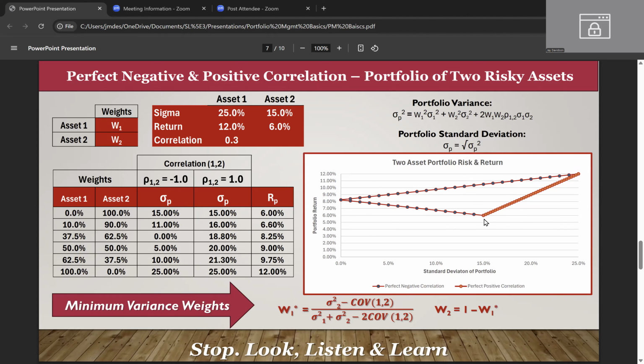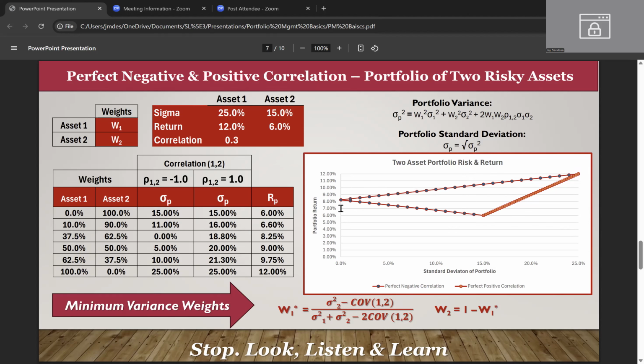So again, let's say we start off with 100% of the portfolio invested in asset two, and then we start to add more and more of asset one. As we add more and more of asset one, because the returns are negatively correlated, you can see the standard deviation declines all the way to zero.